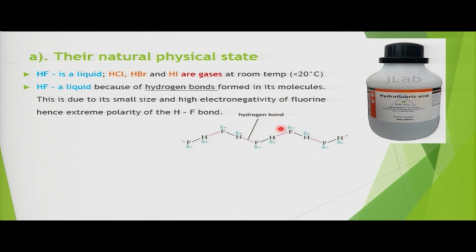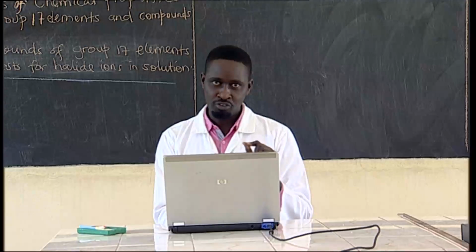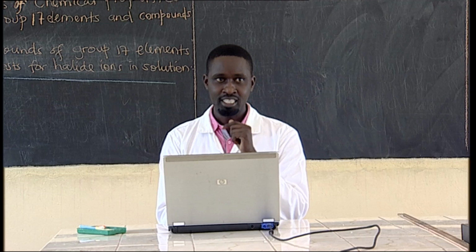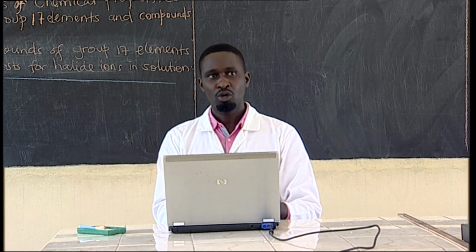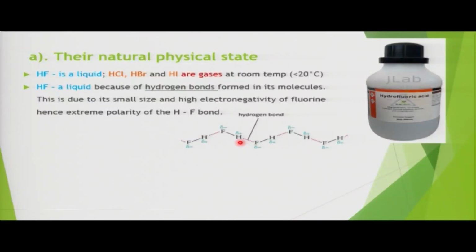Hydrogen bonds in hydrogen fluoride. Remember, we talked about it as a unique property for fluorine at the start. So this is what happens. When you have fluorine bonded to hydrogen, due to its high electronegativity, the bonded electrons are pulled more towards fluorine, and this creates an unequal distribution of electrons between the fluorine atom and the hydrogen atom.